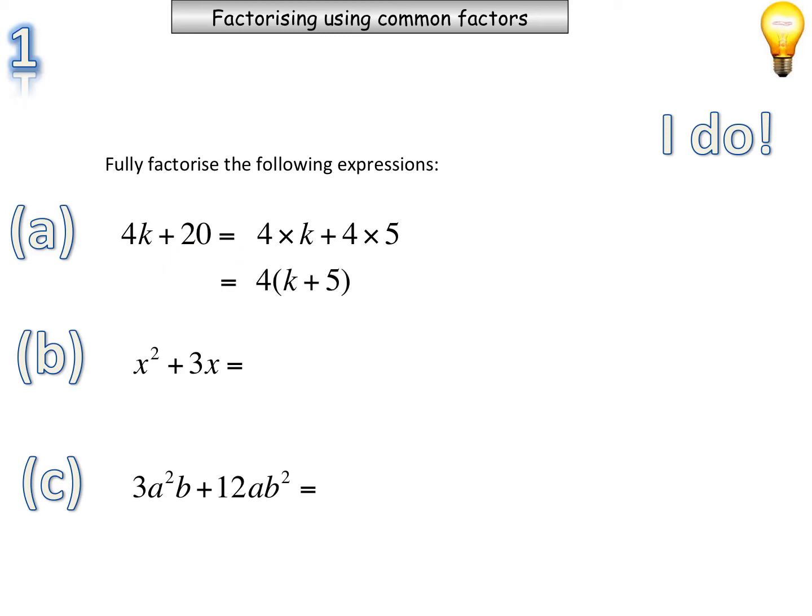That common factor is brought out the front, and what we're left with inside the brackets is k plus 5.